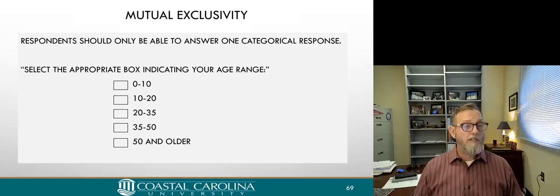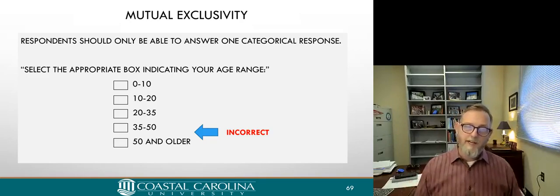If I'm 20, which box do I check? If I'm 35, which box? If I meet one of these criteria, I don't know which box to check because the options are not mutually exclusive, right? So we can't have that type of response in there.